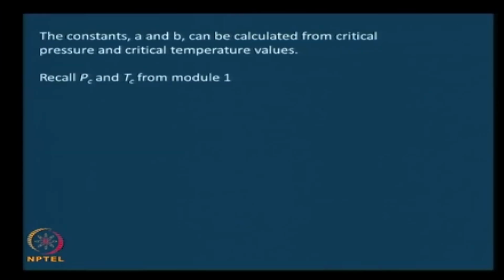I hope we can recall what Pc and Tc are. Remember that those are the pressure and temperature values that correspond to the critical point. It was a point in the PT diagram, and it was a point on the curve, the top part of the PV curve in a PV diagram, and that is pretty much the place where the critical phase starts.